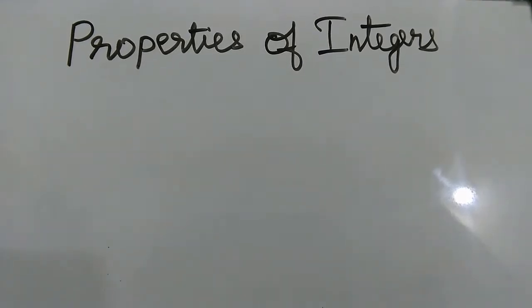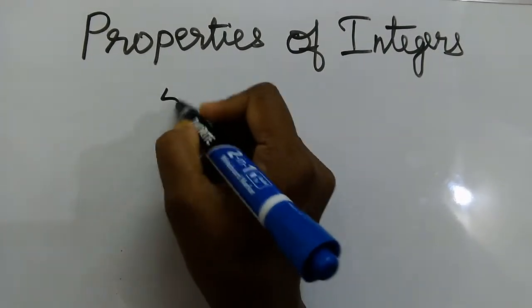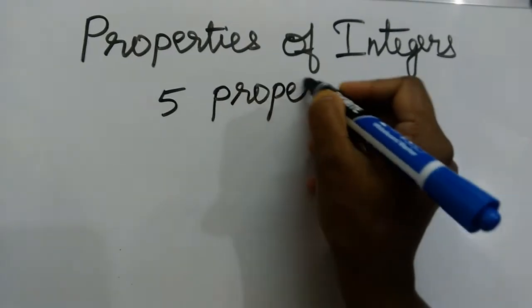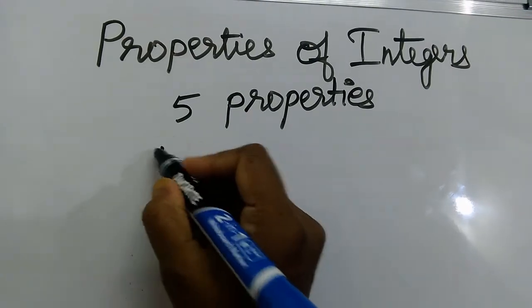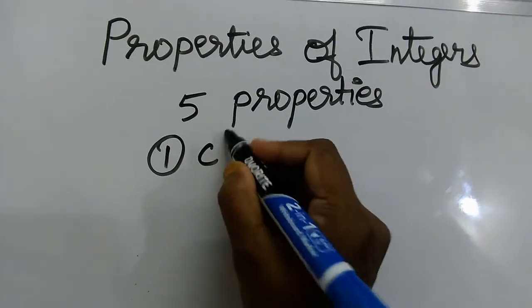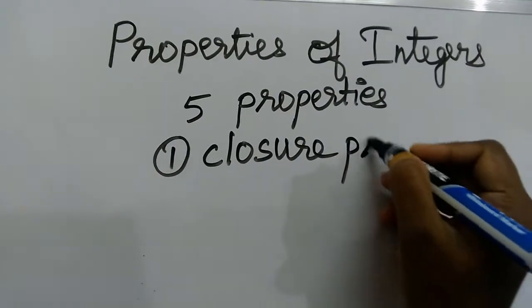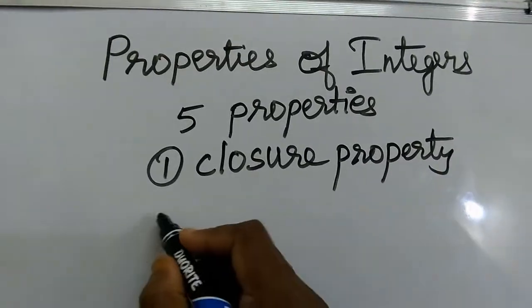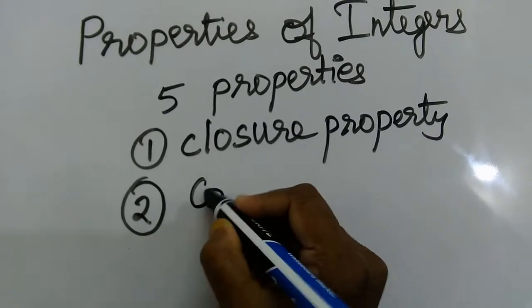We are discussing properties of integers. Mainly, there are 5 properties. First one, closure property. Second, commutative property.